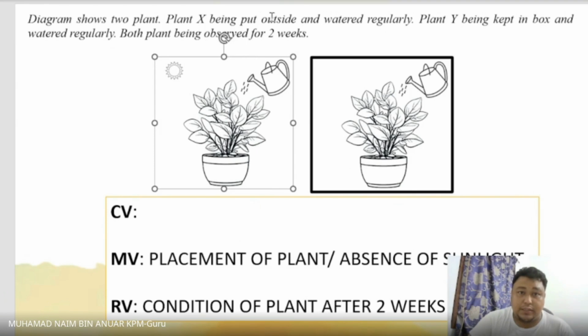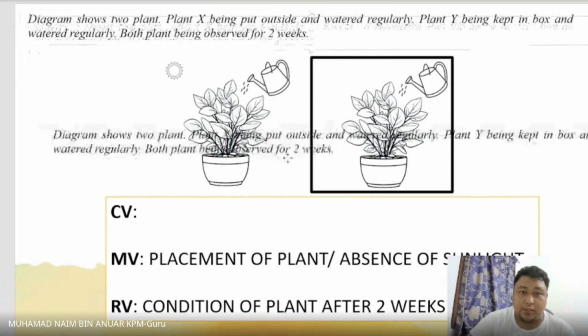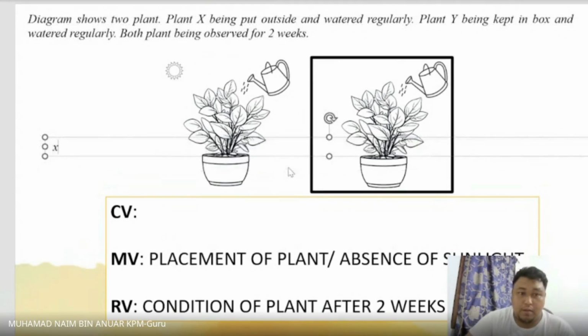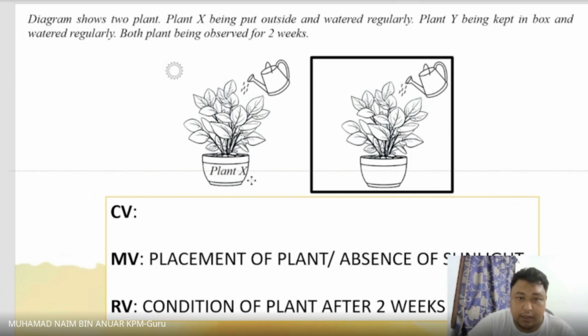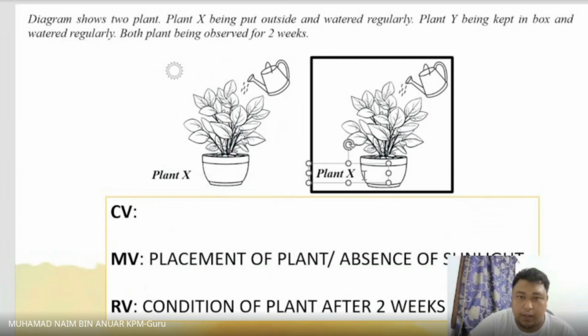The first one, actually I just wrote on top, plant X. The first one is plant X. The second one is plant Y. Now, what will happen after 2 weeks?